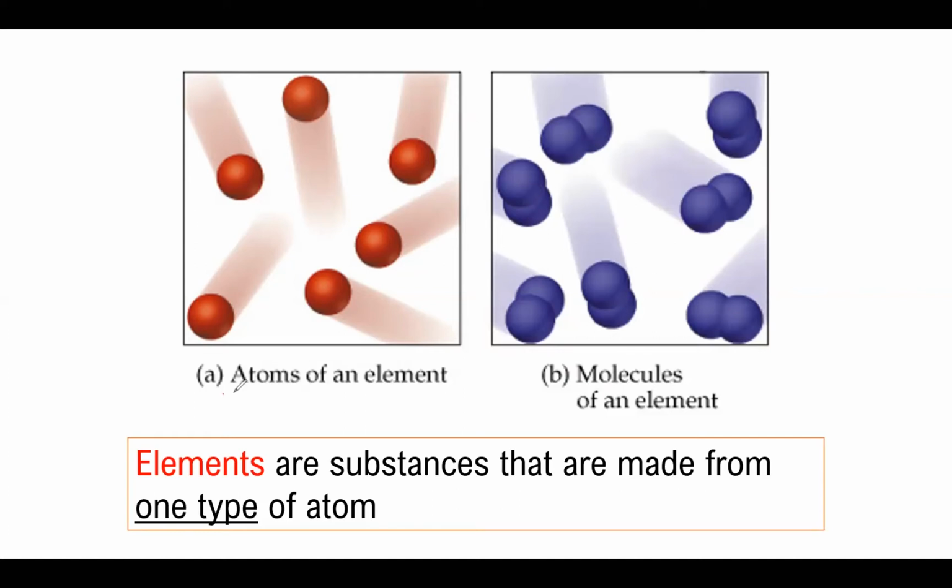So atom means there's only one particle for that element, and molecule is when you have two or more atoms. In both pictures, these are elements, because on the left picture there's only one type of atom, which is the red atom, and on the right side there's only one type of molecule, which is the blue molecule. So these two are elements.